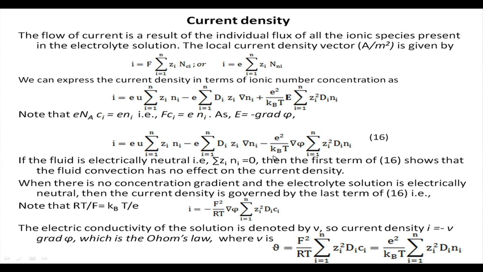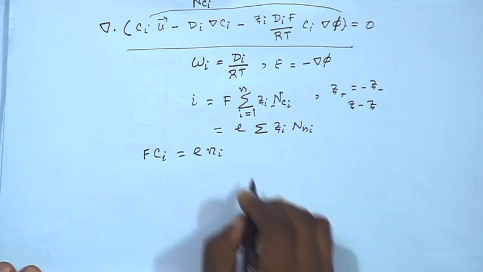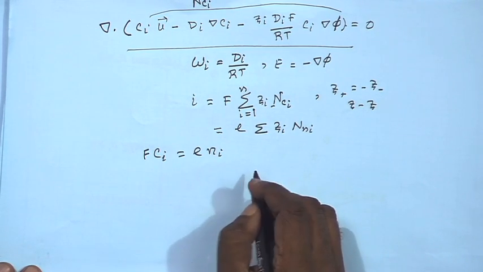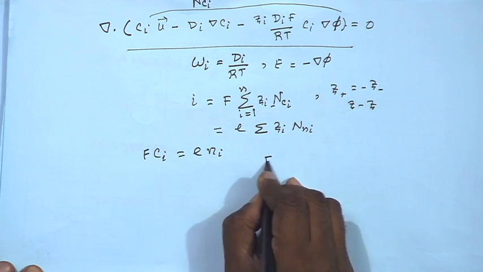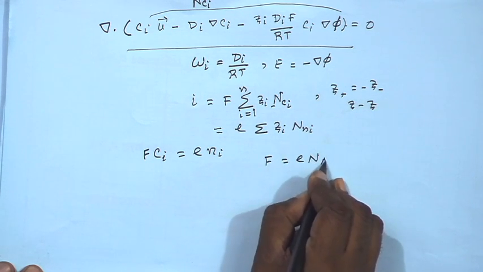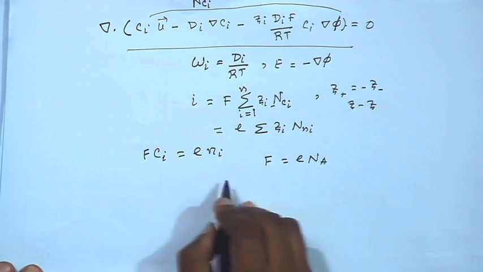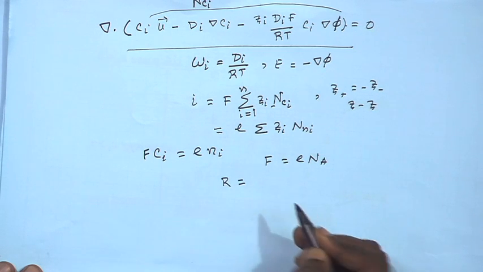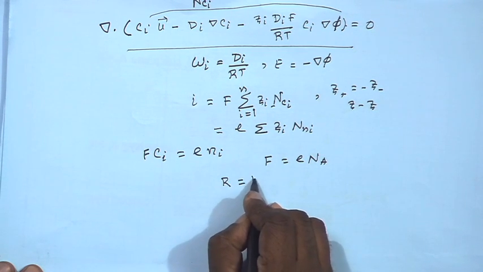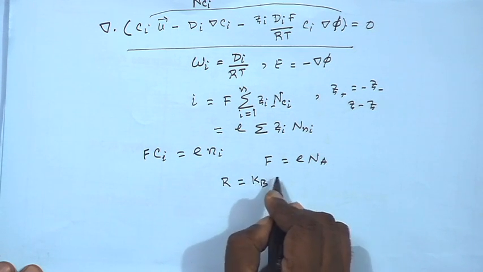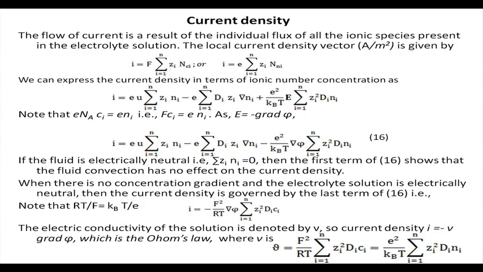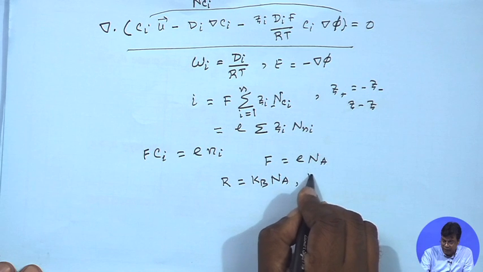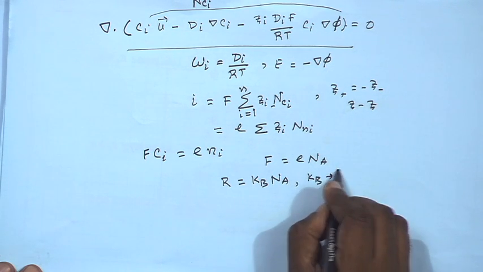Here I have written E by kBT. We can note this relation: F is basically E into N A, and R, the gas constant, is Kb into N A, where N A is the Avogadro number and Kb is the Boltzmann constant.